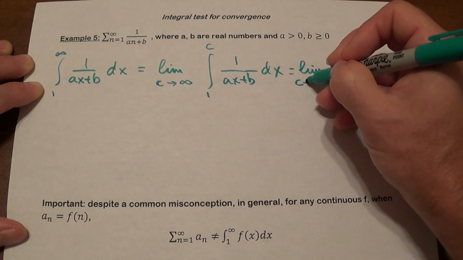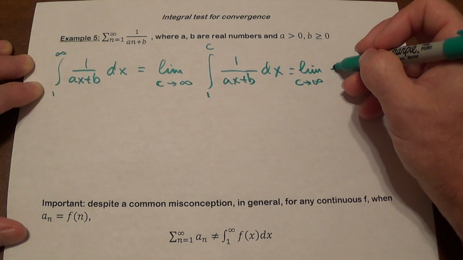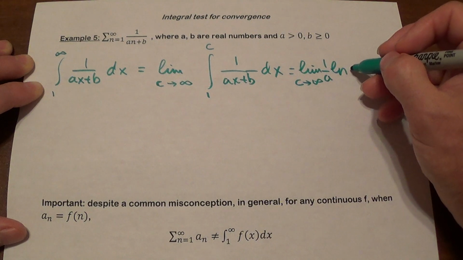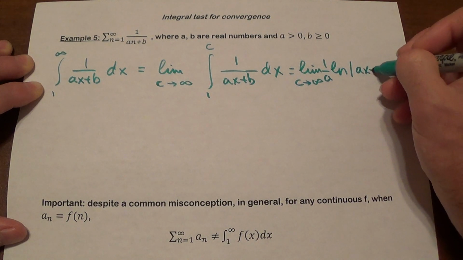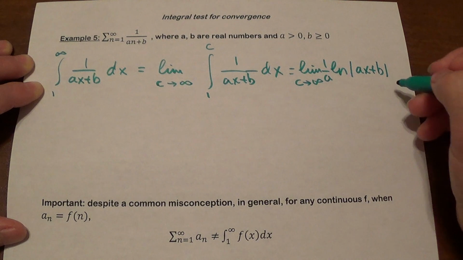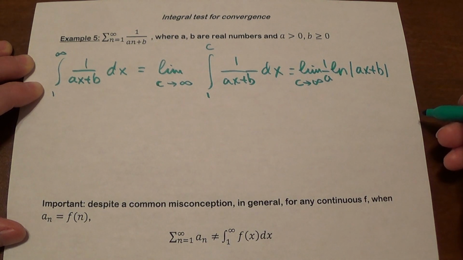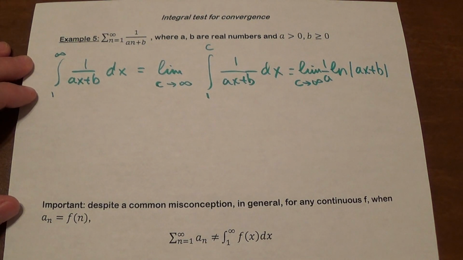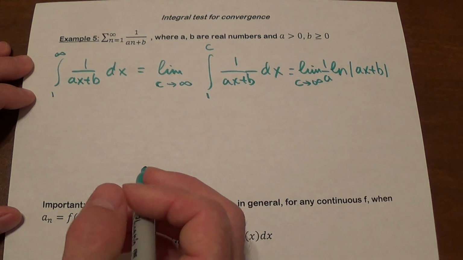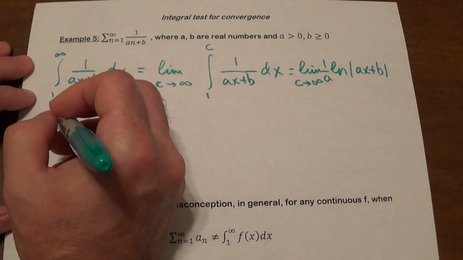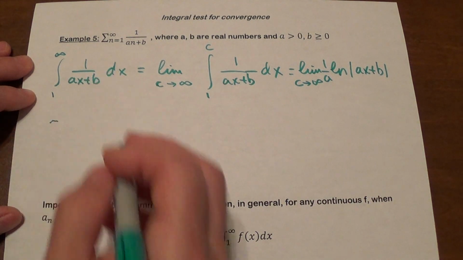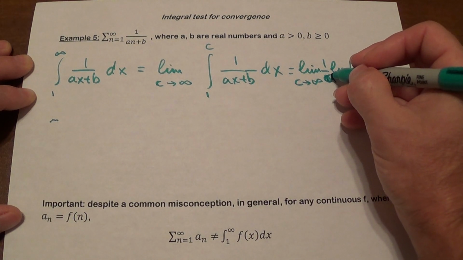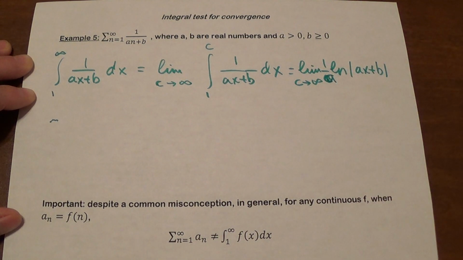The limit as c approaches infinity, this is going to give you 1 over a ln of the absolute value of ax plus b. I actually do not really need the absolute value here because a and b are positive values, so it's always positive, but we can keep that. It doesn't really matter that much. Oh, it is 1 over a, correct.